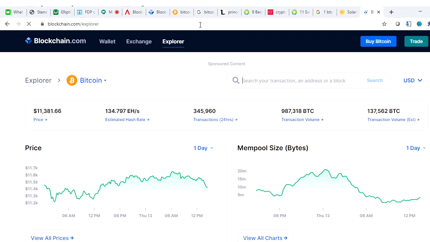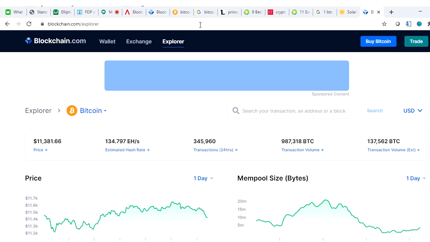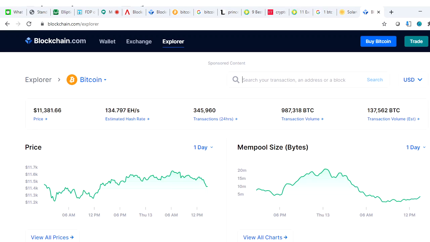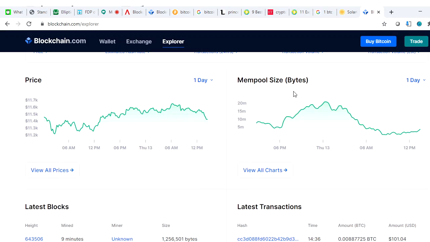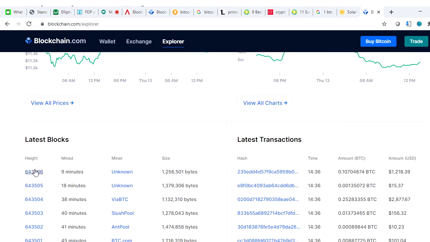Here, graphically, they have shown the price, memory pool size, and latest block. The latest block was mined around 9 minutes ago, and it is of such and such size. For every 10 minutes, Bitcoin mining is happening.